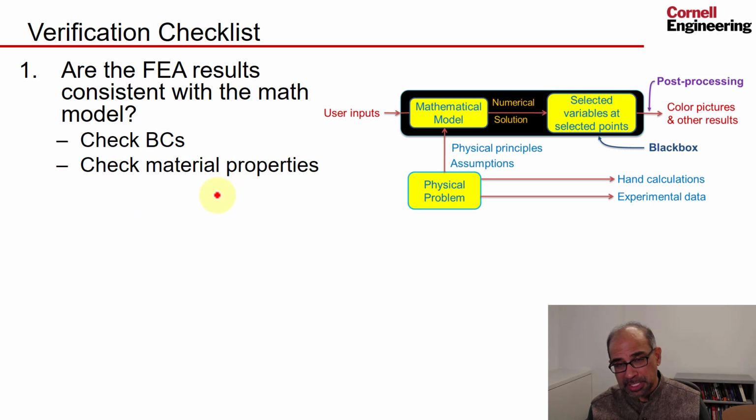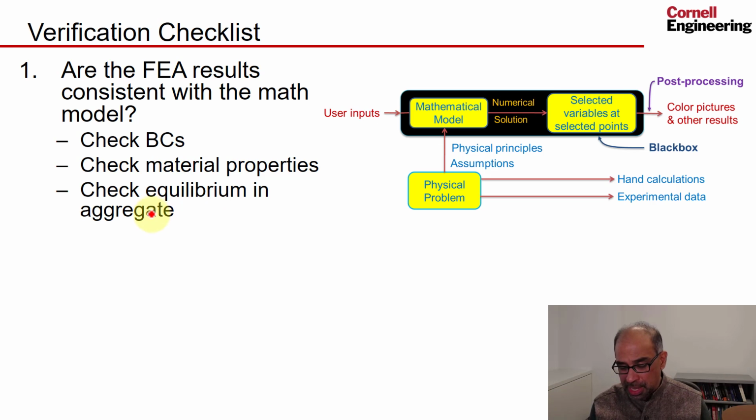Check material properties. I threw that in there because this is one place where people often trip up. So you can check if you put the right material properties into the mathematical model. And then we can check equilibrium in aggregate, because the basic physical principle on which the governing equations are based is equilibrium of an infinitesimal element. Since we have an approximate solution, it won't satisfy equilibrium of an infinitesimal element or even a finite element.